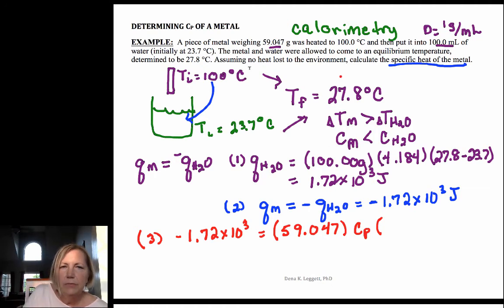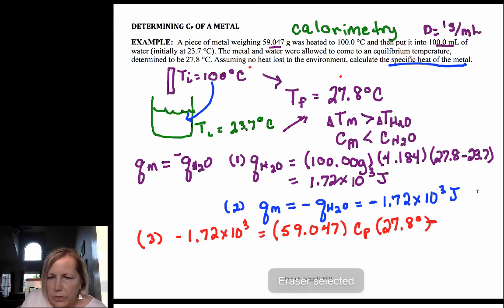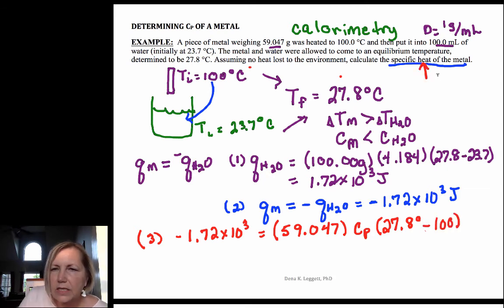Always final minus initial. If you don't do it that way, you're going to mess up your signs. So that's minus 100. Bear in mind that a heat capacity is always a positive value because it's defined as the heat needed to raise, so heat needed is positive, the temperature of 1 gram 1 degree Celsius.